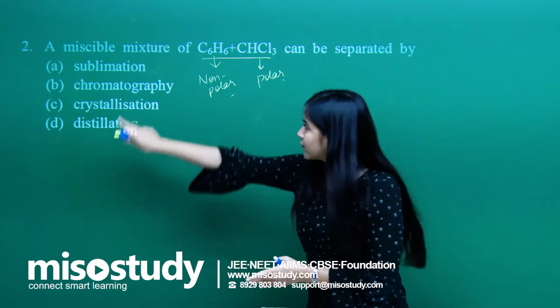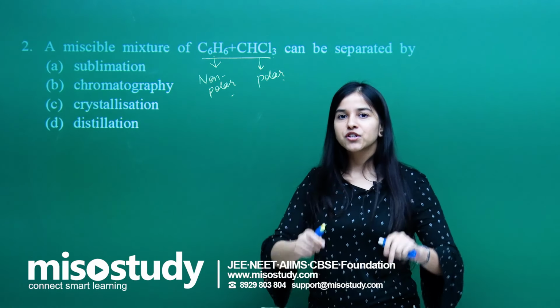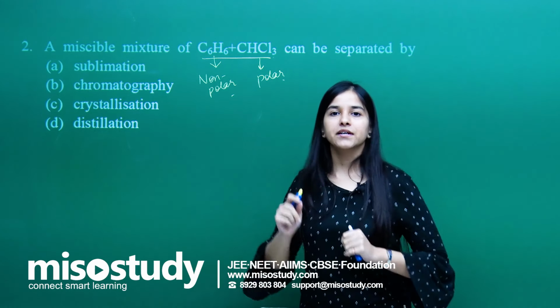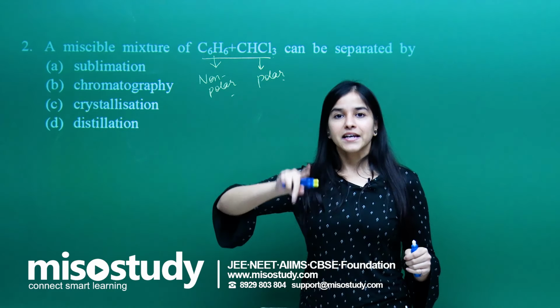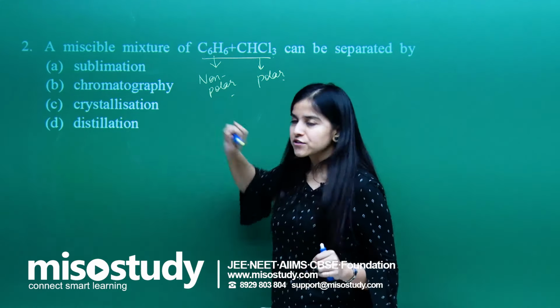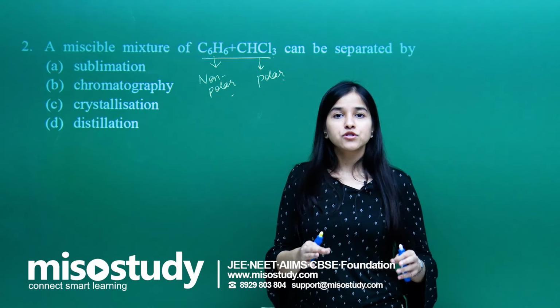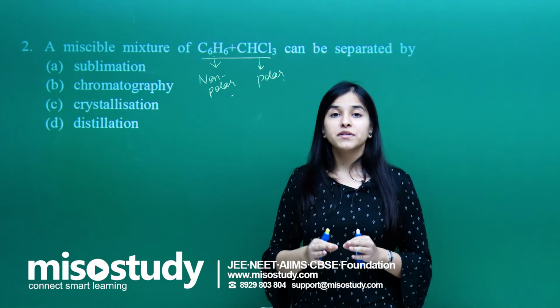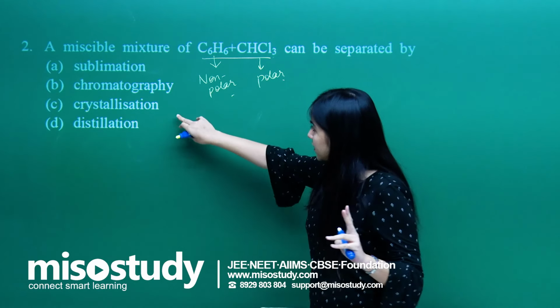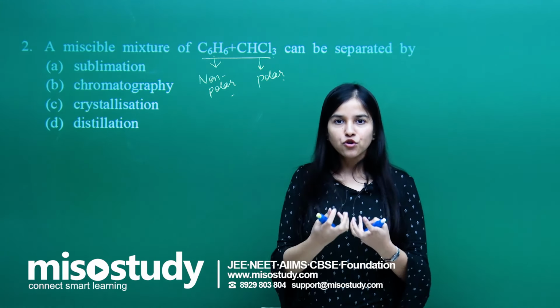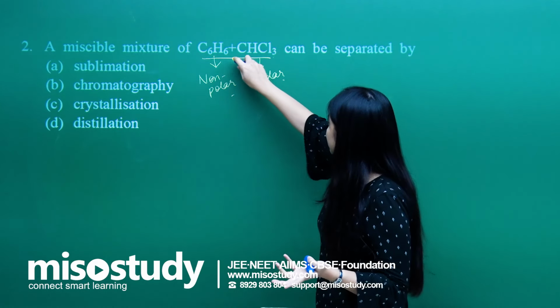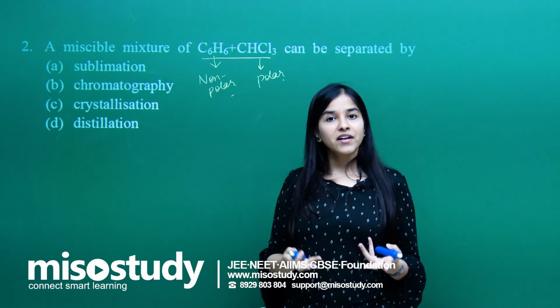So there is no point of sublimation because sublimation is solid to vapor conversion, right? Here both of the things are in liquid state. Chromatography, again we are not sure about what kind of adsorption will be there on the stationary phase. Crystallization, what is crystallization? We need to first dissolve it into some solvent, but these are themselves liquids.